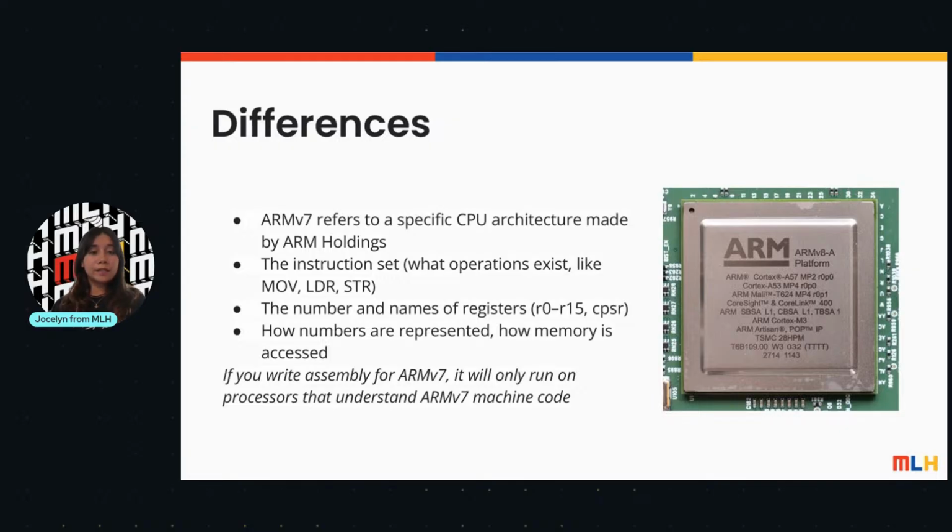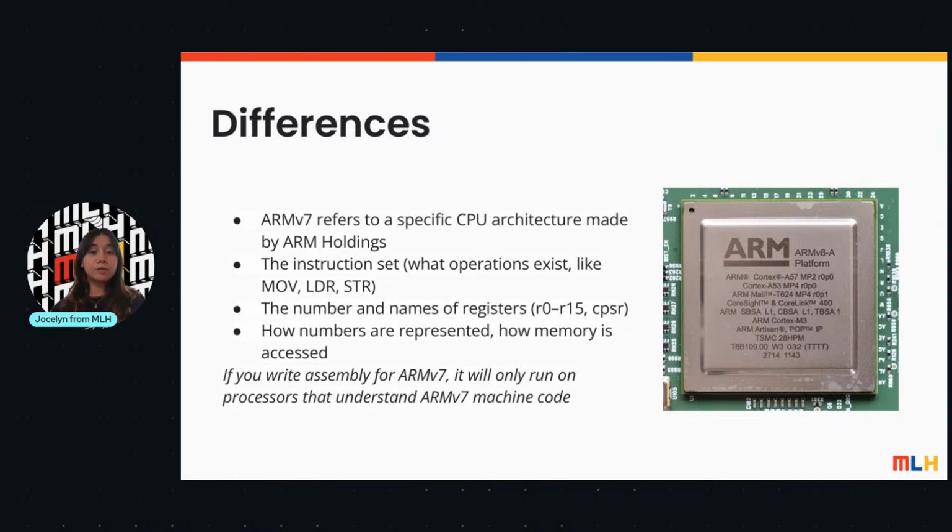What is different is the instruction set. So the different operations that exist in this language are named like this. We'll be seeing more about what instructions are in a while, so don't worry if you don't understand this. Another difference is the number and names of registers. For the people that were present on our last stream, you already know what registers are, they're just small spaces of memory in different cells.